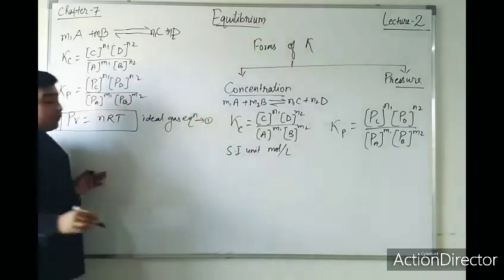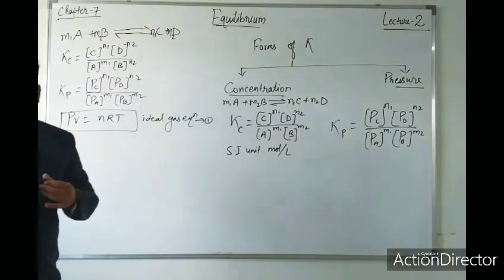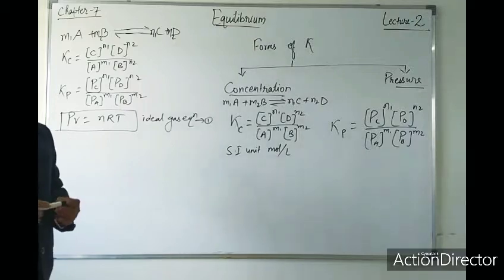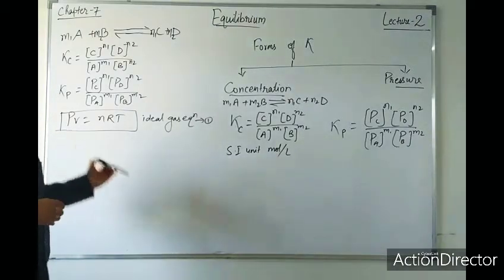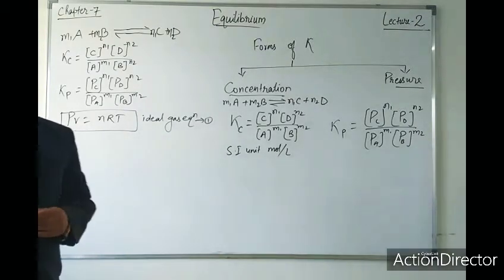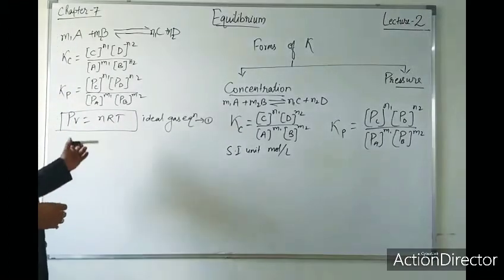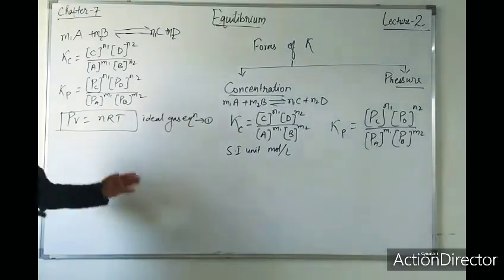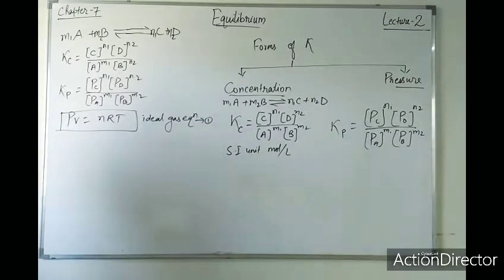If you remember from chapter number 5, P is pressure, V is volume, n is the number of gaseous molecules, R is the universal gas constant, with a value of 0.821 liter per mole per Kelvin, and T is temperature. I don't want to tell you more things.